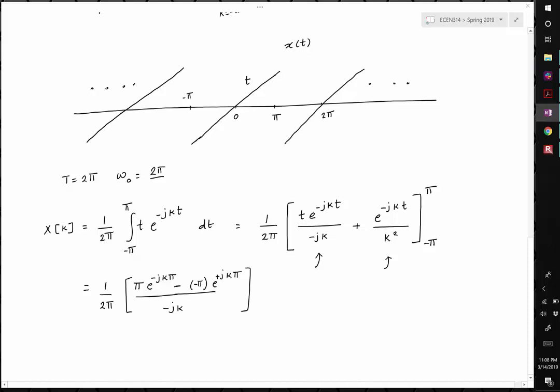So that's what I get for the first term. And for the second term, I'm going to get e to the negative j k pi minus e to the positive j k pi divided by k squared. So this comes from this term.